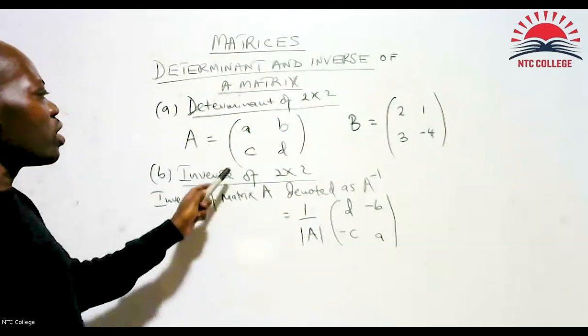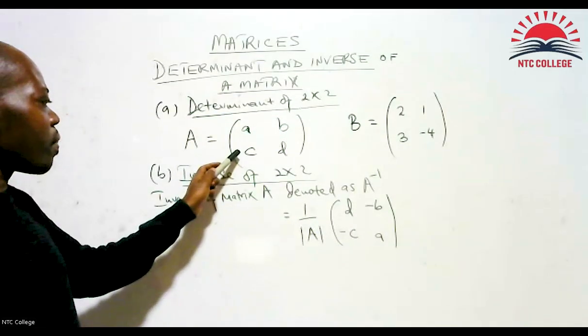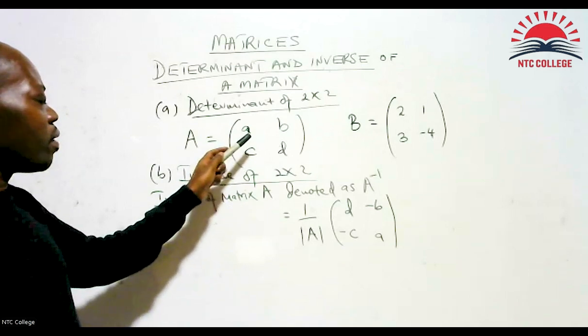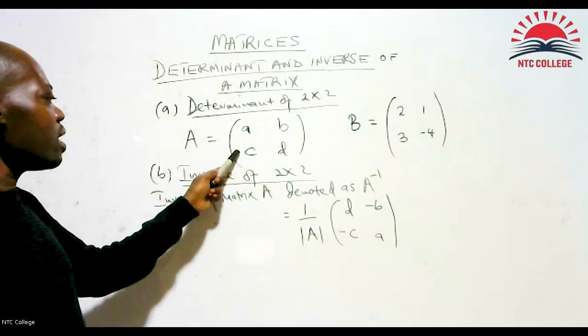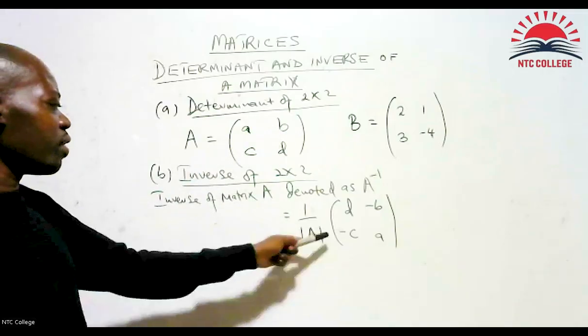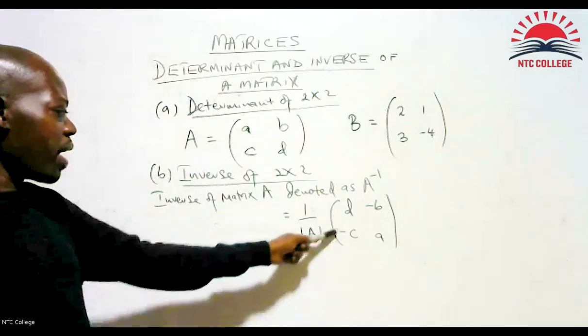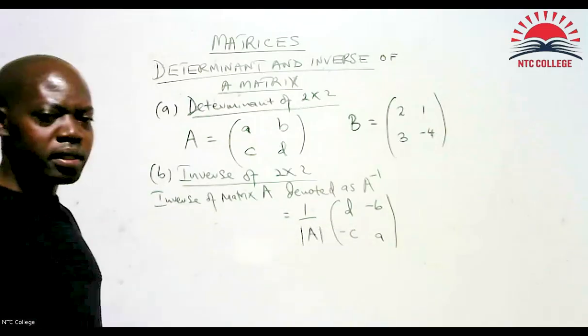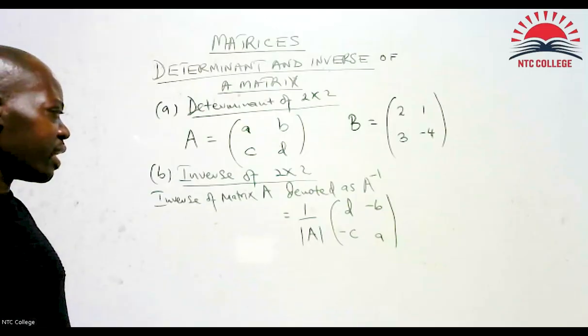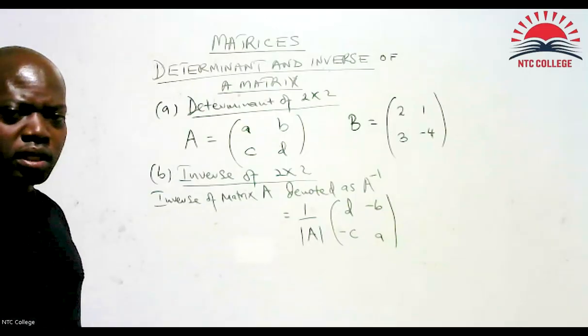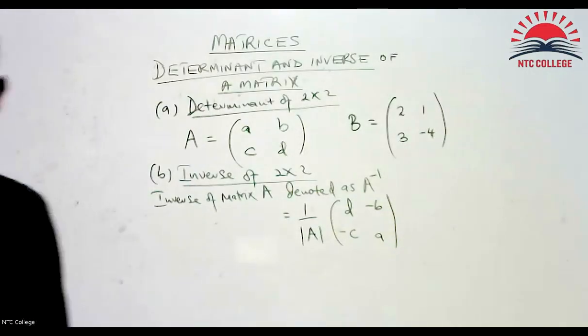Then introduce negatives on the minor diagonal. So here C negative, B negative, just like I've indicated. Minus C, minus B. That gives the inverse of matrix A.